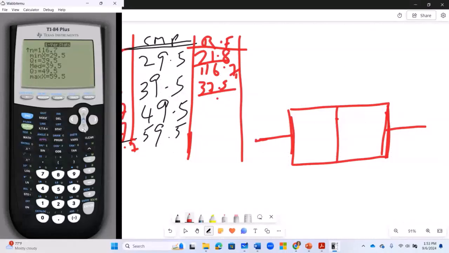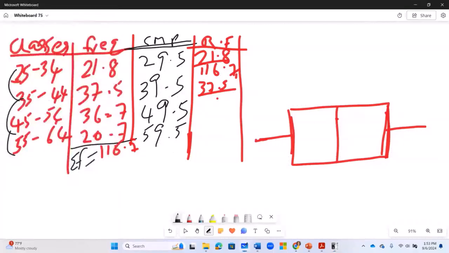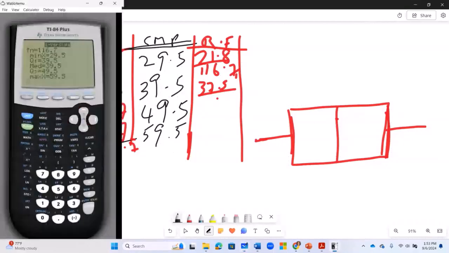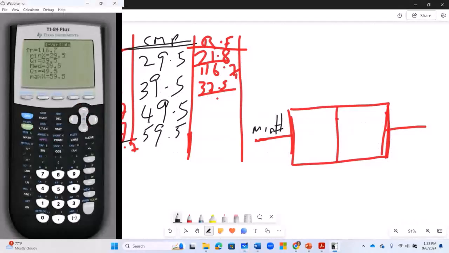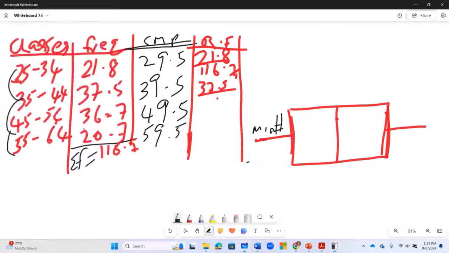The minimum number is 29.5. Just write it here, 29.5.